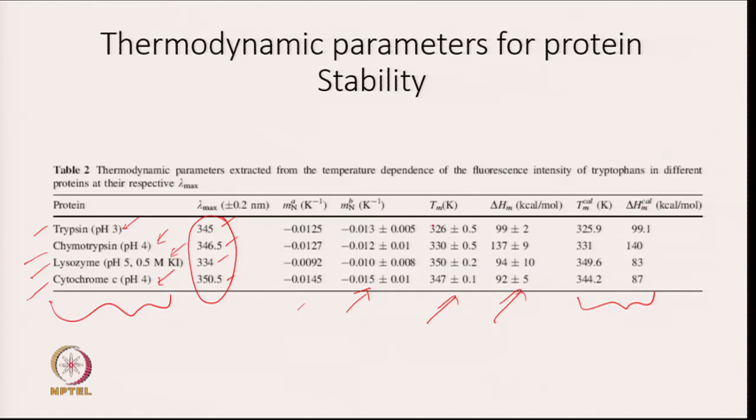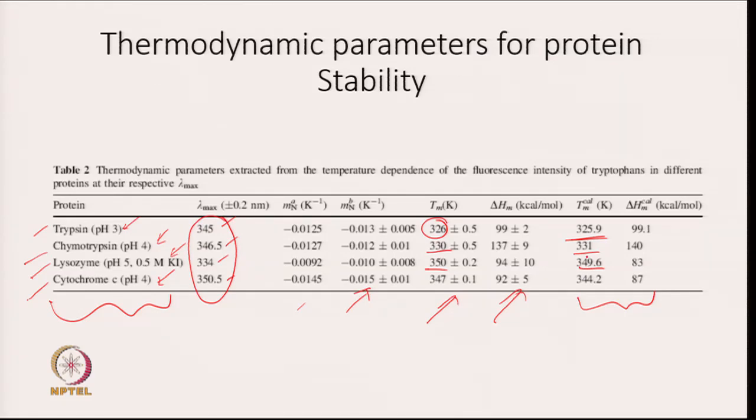You can see that the Tm obtained by fluorescence is quite close to the Tm obtained by the calorimeter DSC technique. Here you can again see chymotrypsin, where Tm is 330, whereas in the case of DSC it is 331 Kelvin, and this is 350 Kelvin for lysozyme, which is 349.6 using the calorimeter.